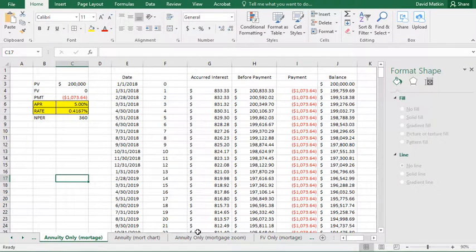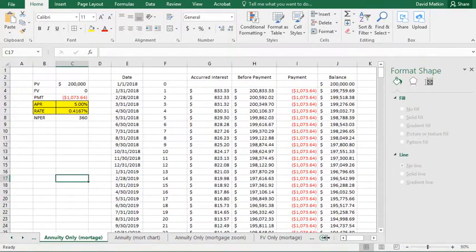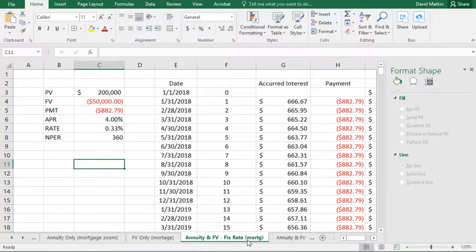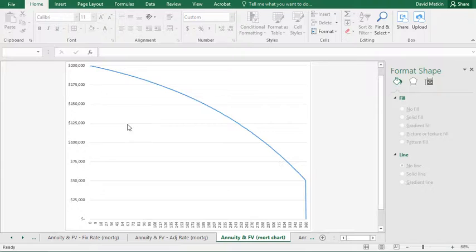So let's go back here to the inputs. Here's the graphic that accounts for this intuition of having this $200,000 initial present value that drops to the point where we still have $50,000 left to be paid off in the last time period.